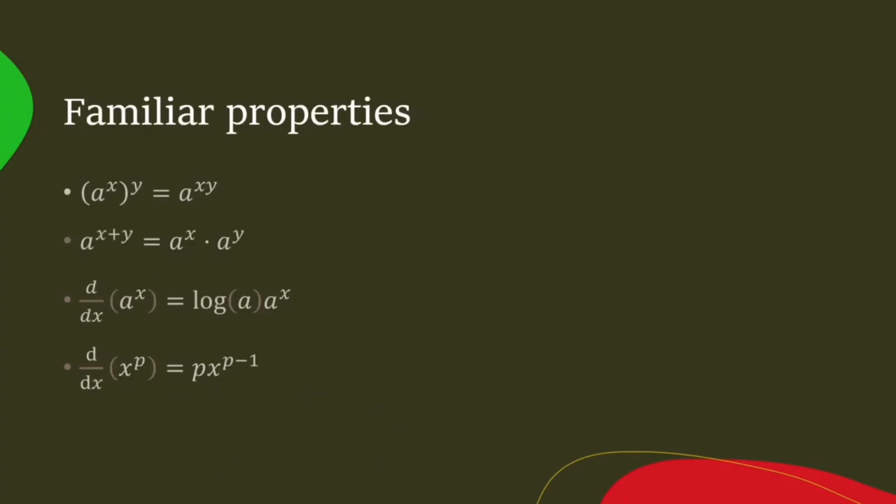Now that we have a definition for real exponentiation, we can see why some of the familiar properties that we're used to about real exponentiation are indeed true. So here's just a sampling of a few of the properties that we use all the time about real exponents. For example, (a^x)^y is equal to a^(xy). a^(x+y) is a^x times a^y.